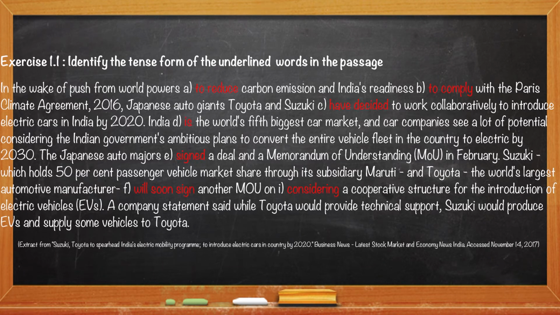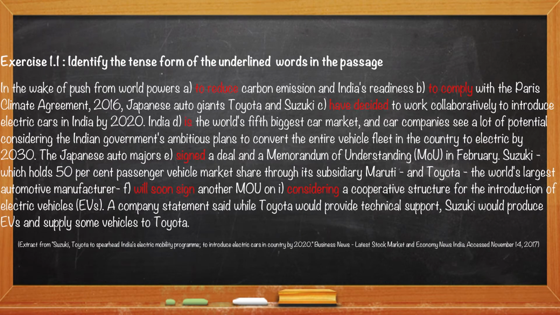India is the world's 5th biggest car market, and car companies see a lot of potential considering the Indian government's ambitious plans to convert the entire vehicle fleet in the country to electric by 2030.